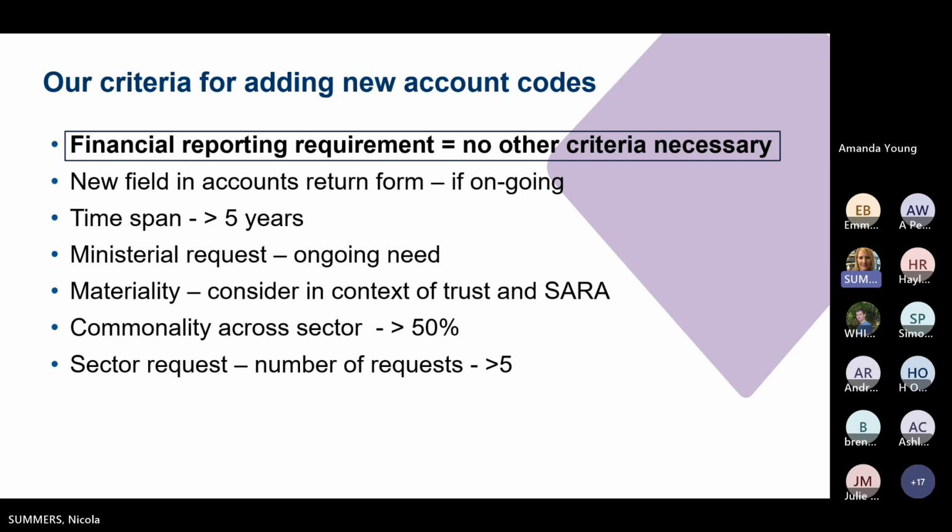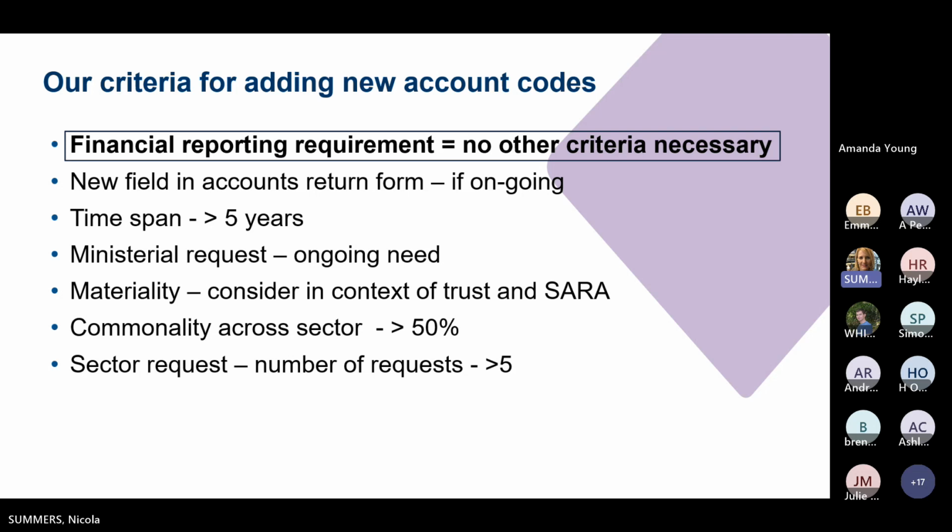So if it's a time span over 5 years, we would consider that, but it would also be alongside whether it's a ministerial request and whether there was an ongoing need. Materiality. So, for example, if we thought we would need to report it in the consolidated accounts in the SARA, then we would put a new account code in.